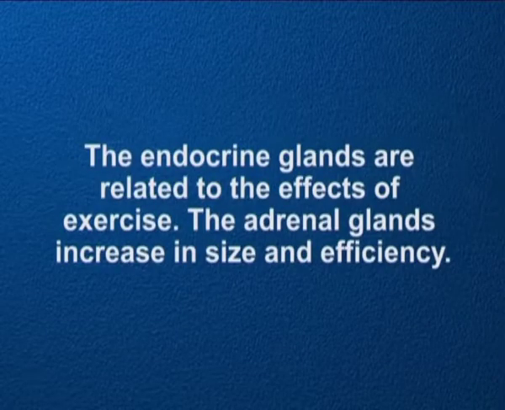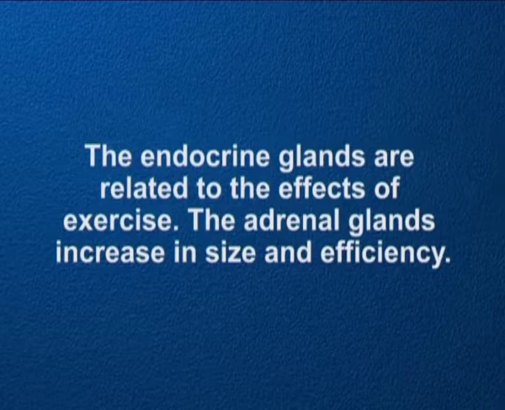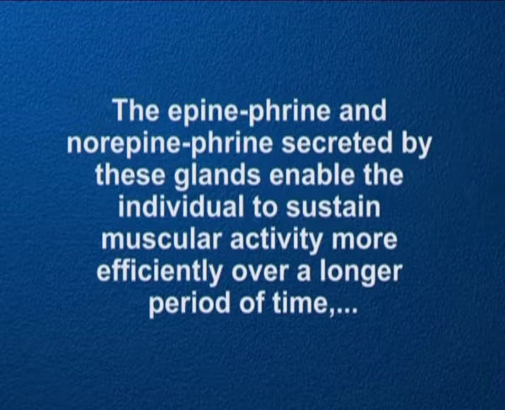The endocrine glands are related to the effects of exercise. The adrenal glands increase in size and efficiency. The epinephrine and norepinephrine secreted by these glands enable the individual to sustain muscular activity more efficiently over a longer period of time.